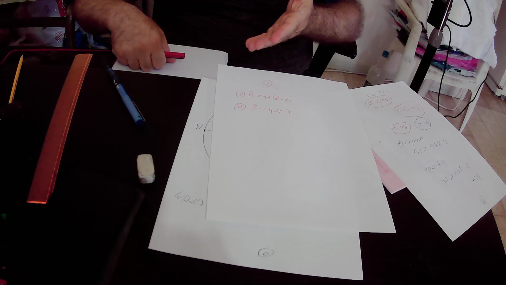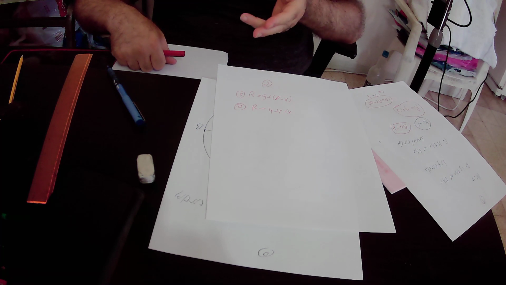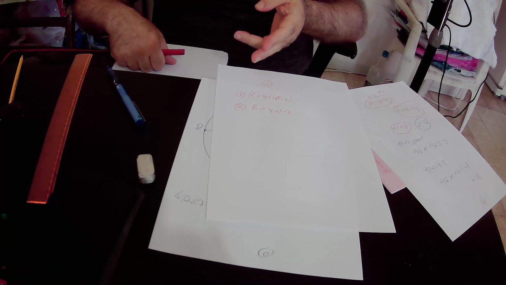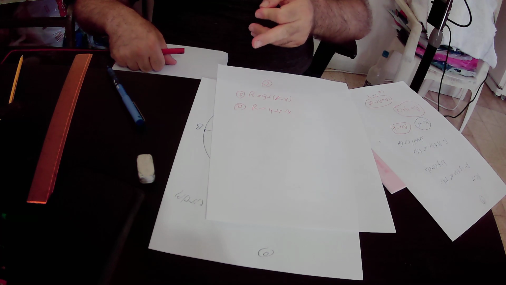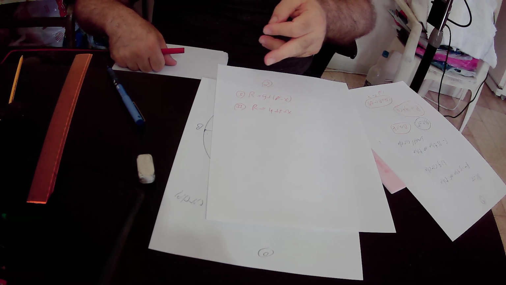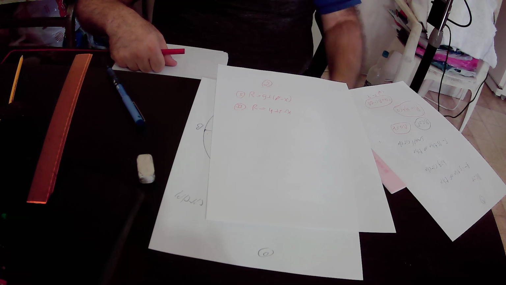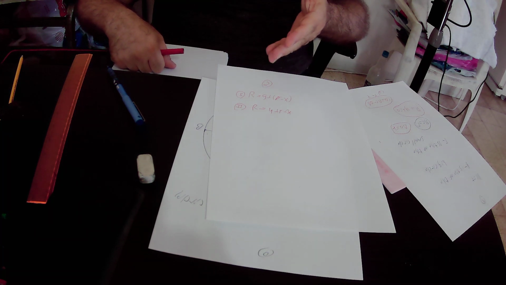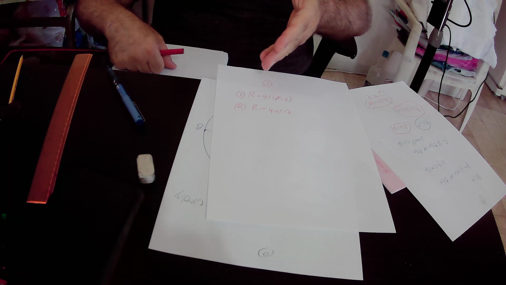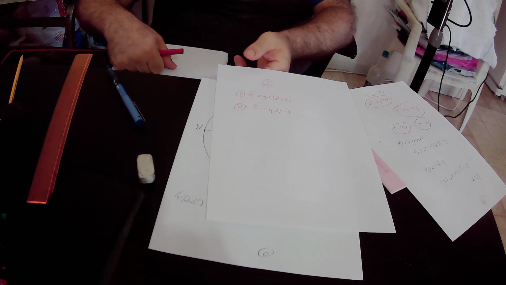So equation number 1 is the expression of the radius of the big circle, and equation number 2 is also the radius of the big circle. So we can compare equation number 1 to equation number 2, because both equations are actually the radius of the big circle.